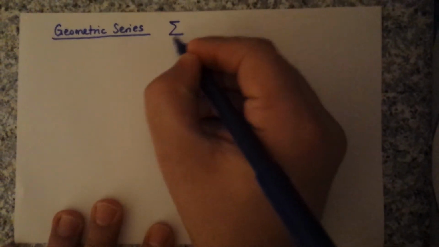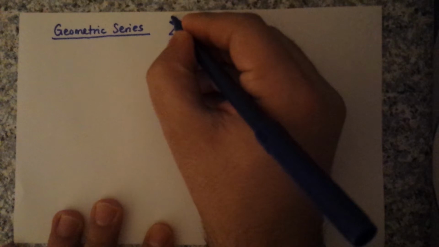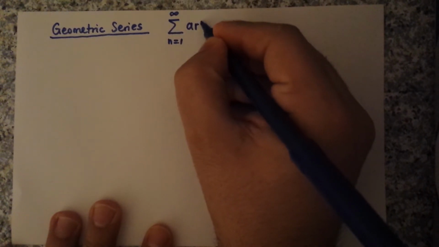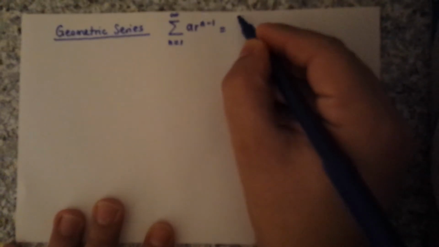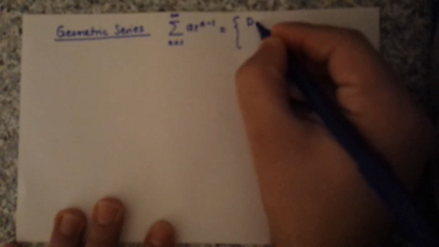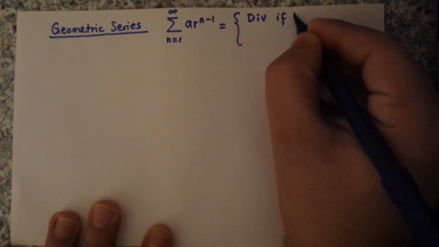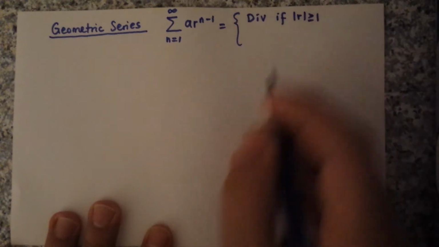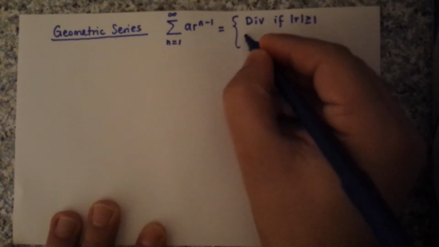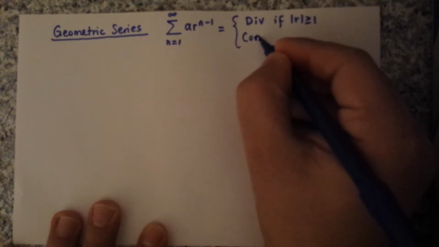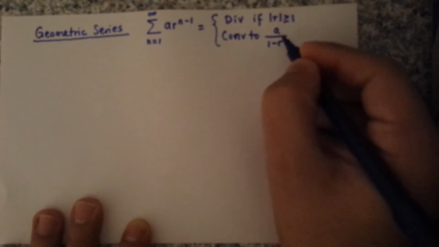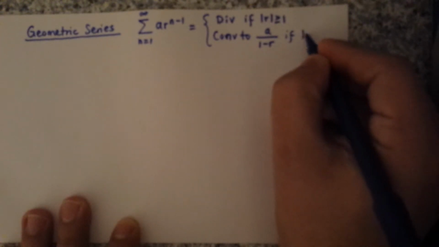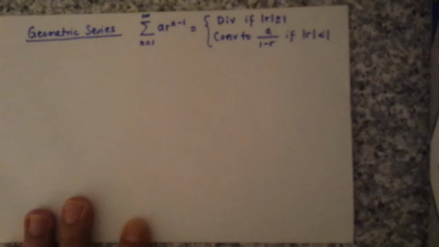We're just talking about the sums of the form n from 1 up to infinity a times r to the power n minus 1. And we know we have two options: just divergent if absolute value of r is greater than or equal to 1, and convergent, and it converges to a over 1 minus r if absolute value of r is less than 1.